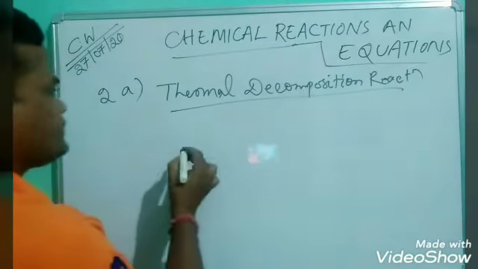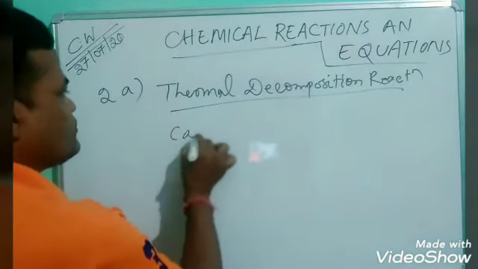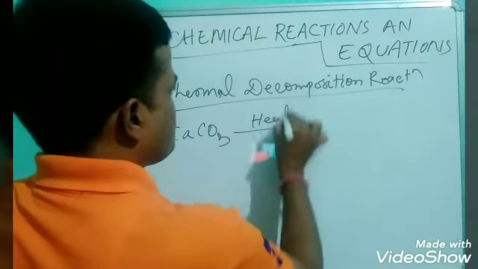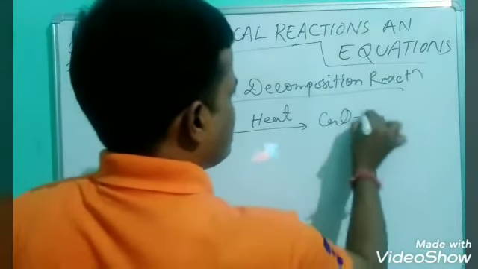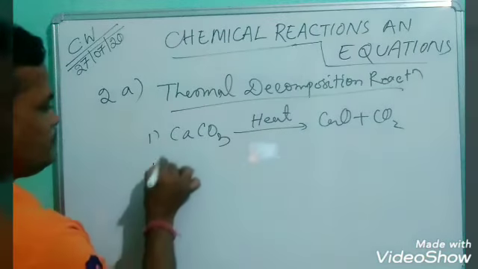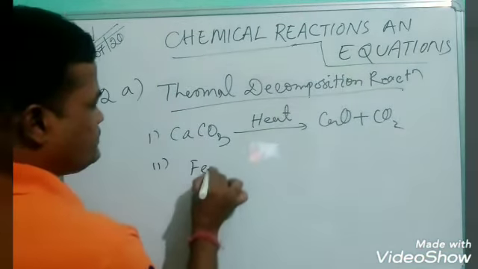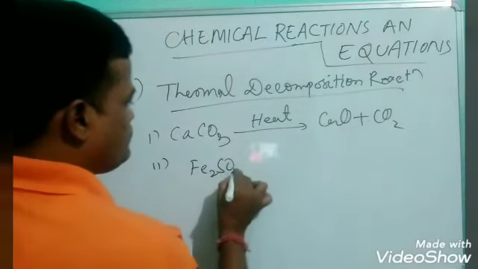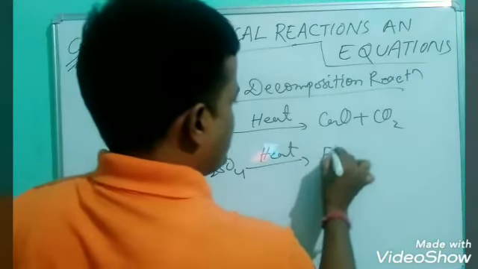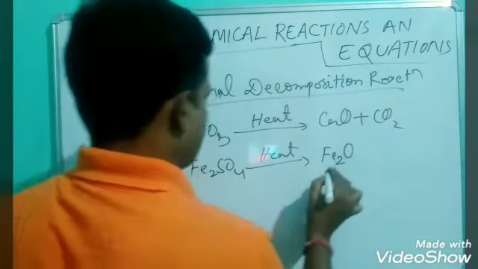Let us see. Calcium carbonate, when heated, gives rise to calcium oxide plus carbon dioxide. Another example we can say is ferrous sulfate, FeSO4, which gives rise to Fe2O3.